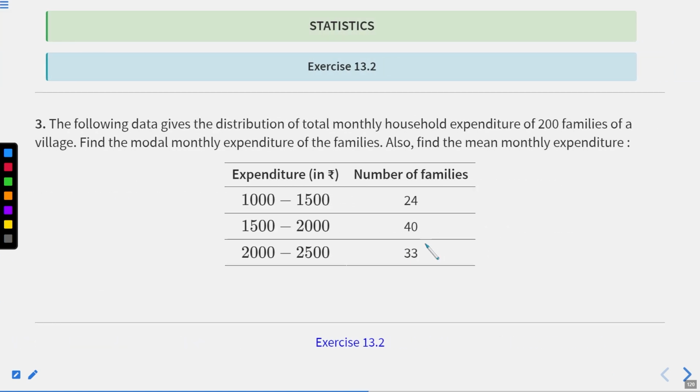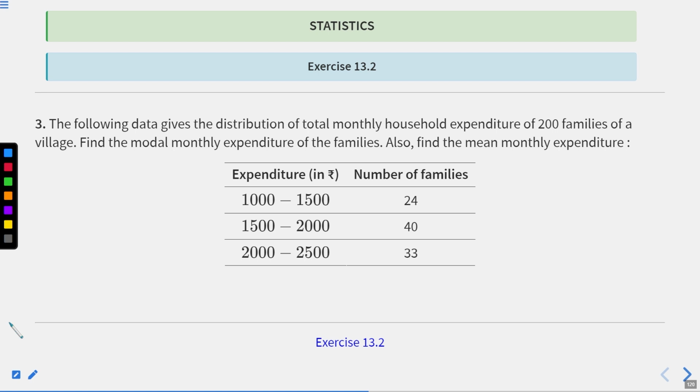In the next problem, the following data gives the distribution of total monthly household expenditure of 200 families of a village. We have to find the modal monthly expenditure of the families, and also find the mean monthly expenditure.